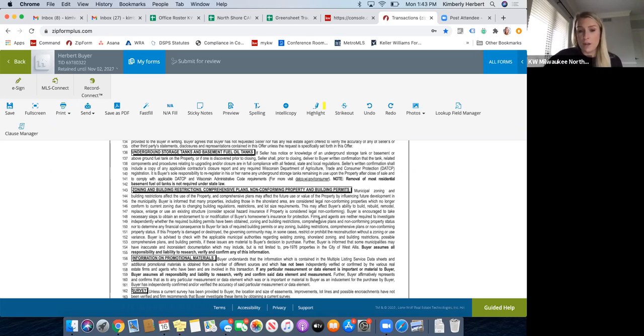It does have a disclosure that firms and agents are not required to investigate whether the required building permits have been obtained, zoning and building restrictions, comprehensive plans, and non-conforming property status. Buyers advised to check with the applicable municipal authorities regarding existing zoning, shoreline zoning, building restrictions, possible plans, and building permits if these issues are material to the buyer's decision to purchase.